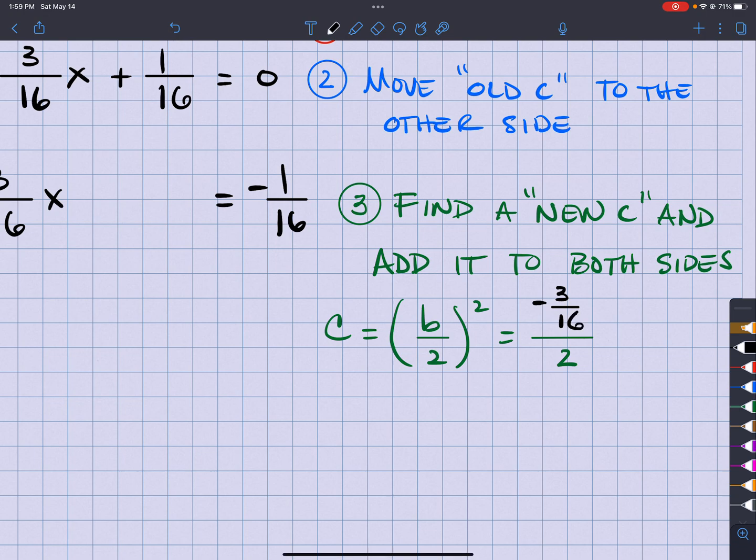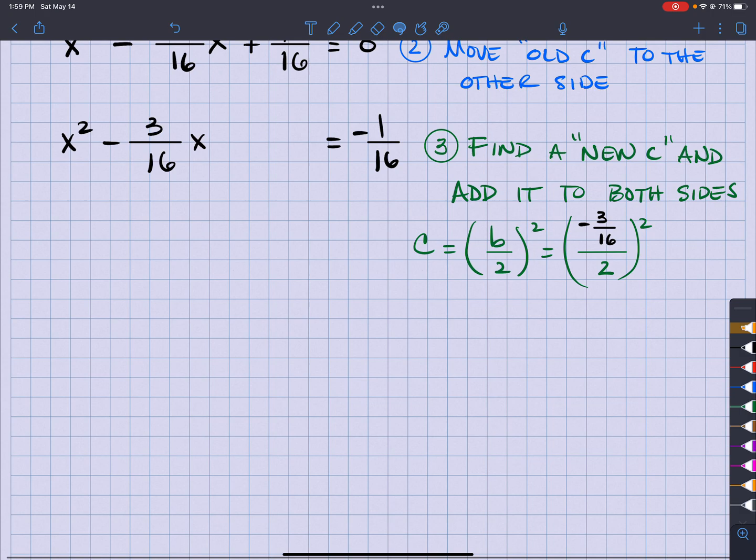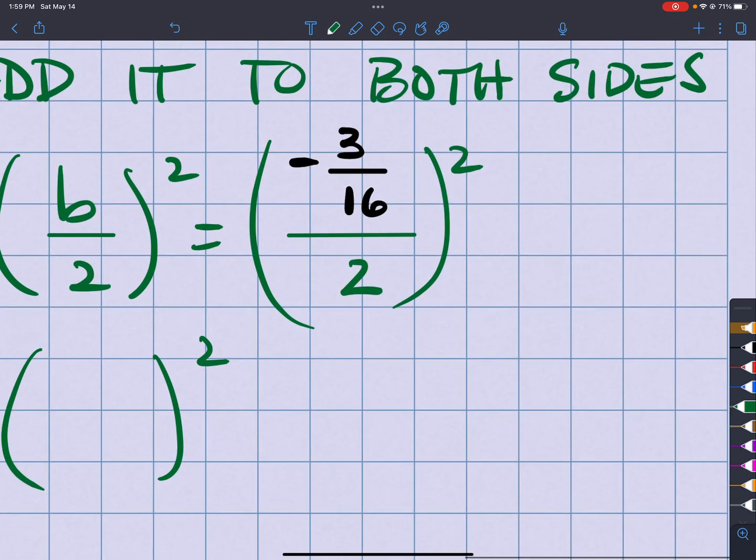Ooh, that's big. That's good enough. All right, so I want that squared. With that being said, I need to show the work. Showing the work always helps me factor. So it's this squared. What is negative 3 over 16 divided by 2? Really what we have here is the division of 2 fractions.